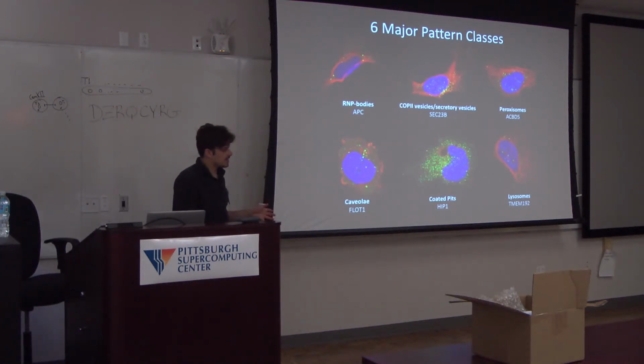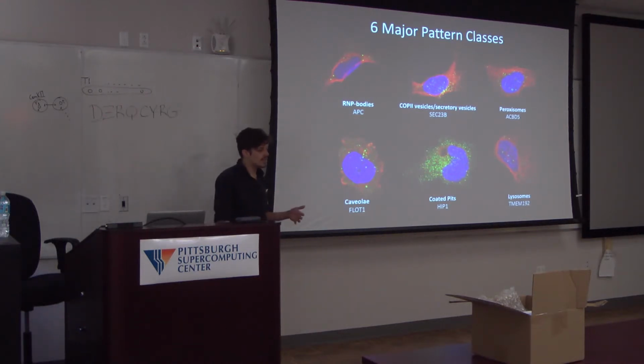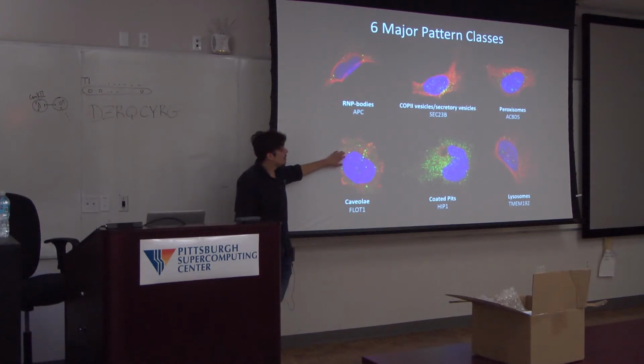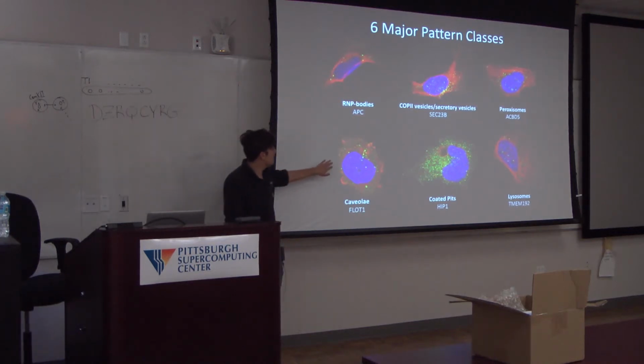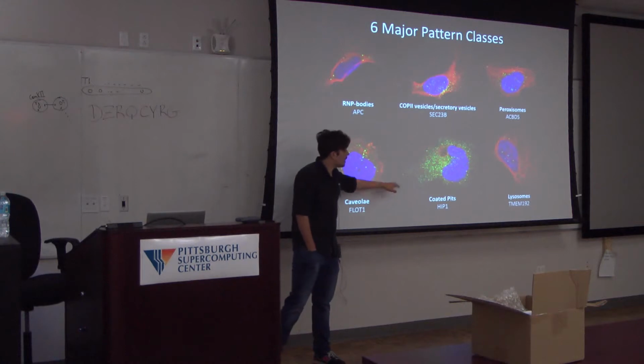And so what we wanted to do is, given a collection of canonical punctate patterns, could we, first of all, model the localization of these patterns inside of these cells in such a way that allows us to discriminate in an automated manner one pattern from another?